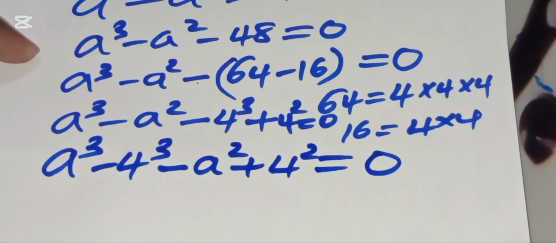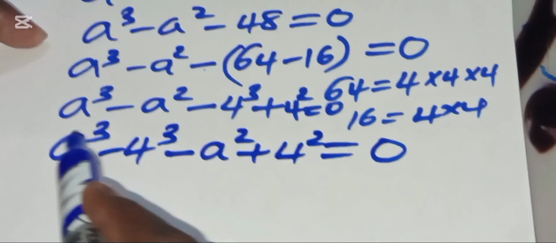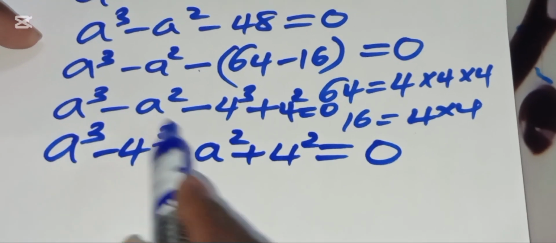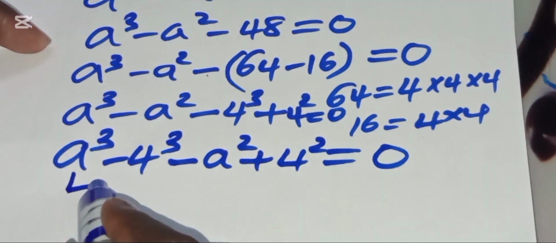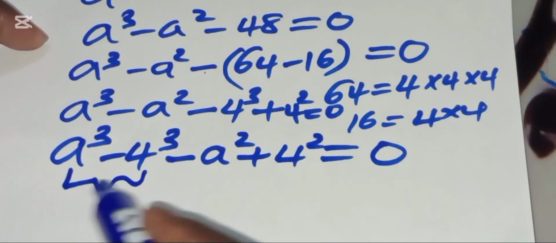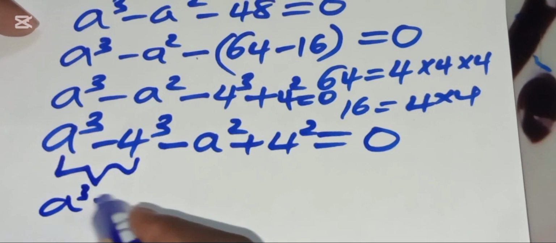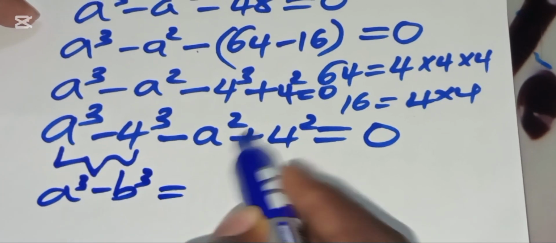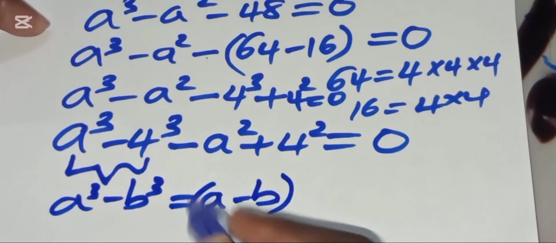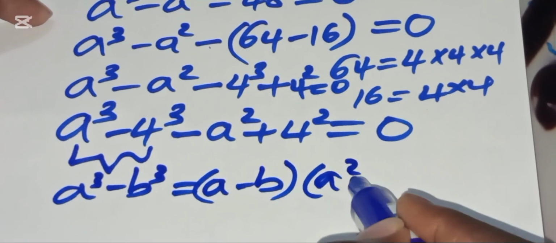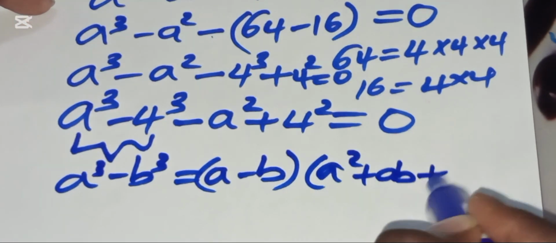Now you can see a cubed minus 4 cubed. This is the difference of two cubes, expressed as a cubed minus b cubed, which we can express as a minus b, a squared plus ab plus b squared.